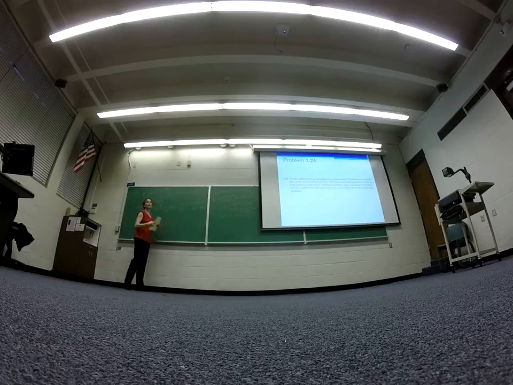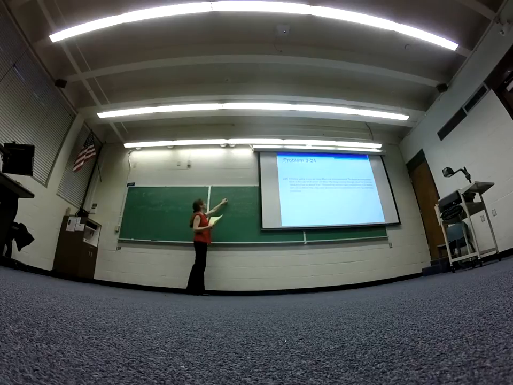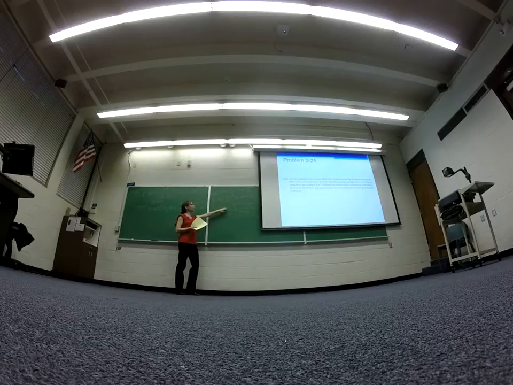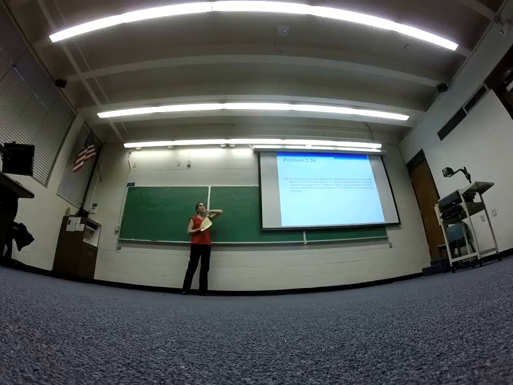Quick question, what is M naught again? When you're finding the K, what did you say, M naught? This is the molecular weight of the reference, and this is the number for water. So you just use water. 0.83, and 18 grams per mole is the molecular weight of water.